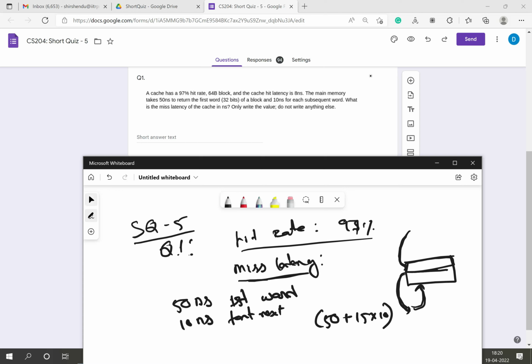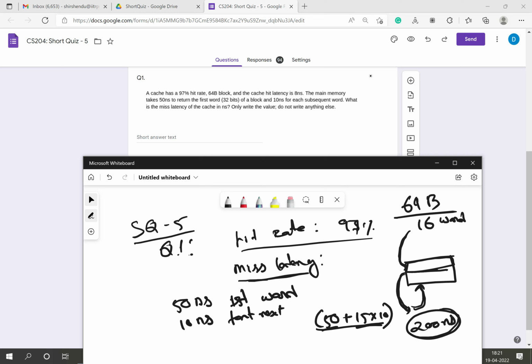Since the block size is 64 bytes, how many words are there? 16 words. So the first word will take 15 nanoseconds, and the remaining 15 words will take 15 into 10 nanoseconds, which is 200 nanoseconds. This is the actual miss latency. If there is a miss in the cache, it will take 200 nanoseconds.